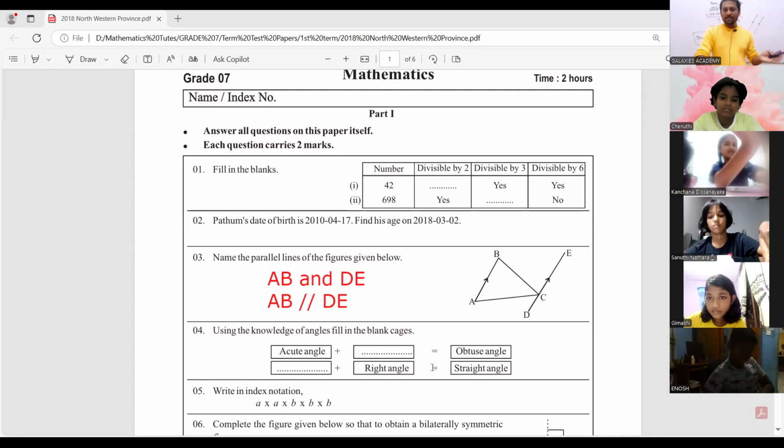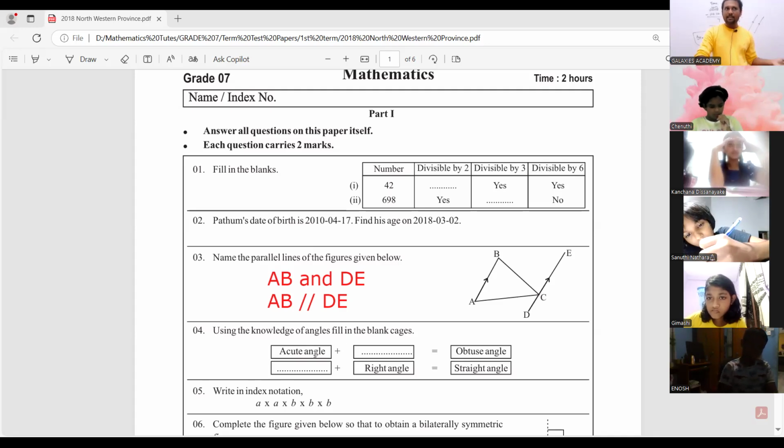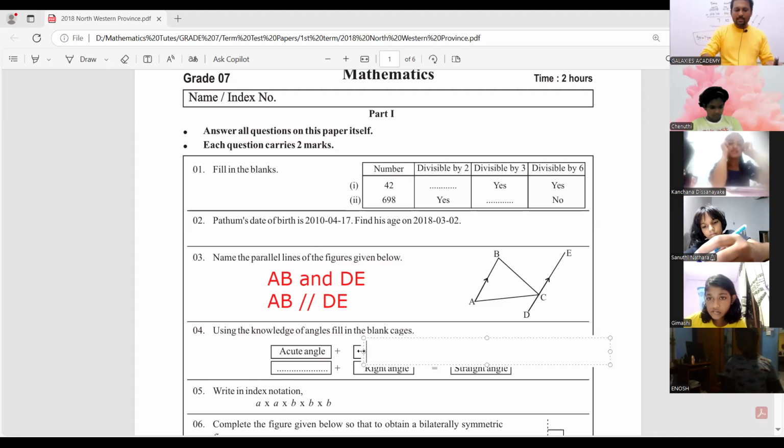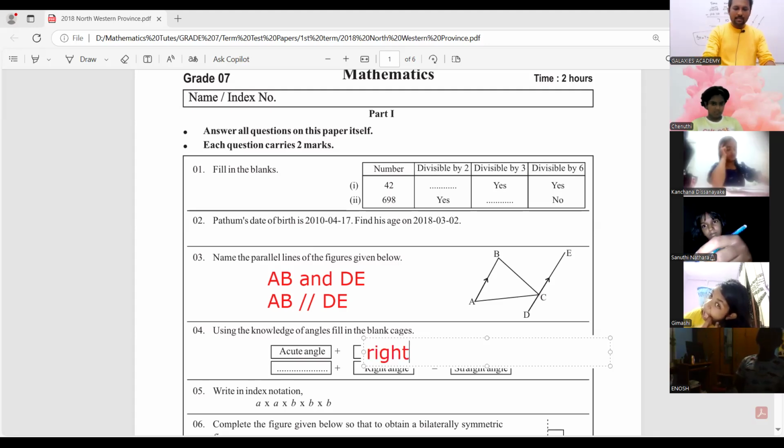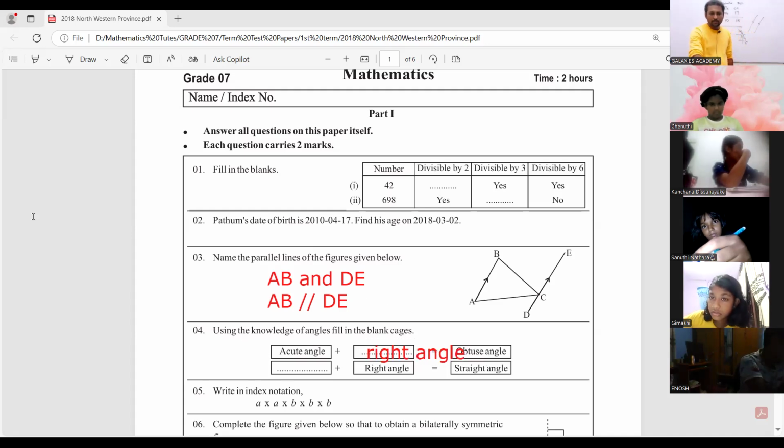But sometimes it is correct, and we can get an obtuse angle. Suppose one acute angle is 80 degrees, another acute angle is 70 degrees, that gives 150 degrees. But what is the suitable answer here? Right angle. That is the common answer you have to write, okay? So what is the answer? Right angle. Right angle is suitable for the first blank.